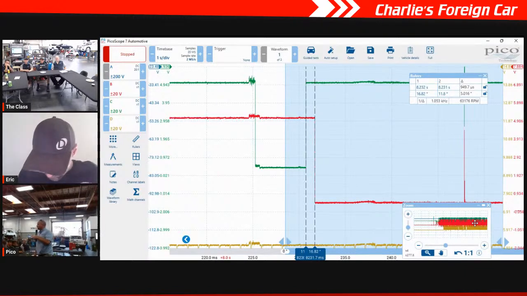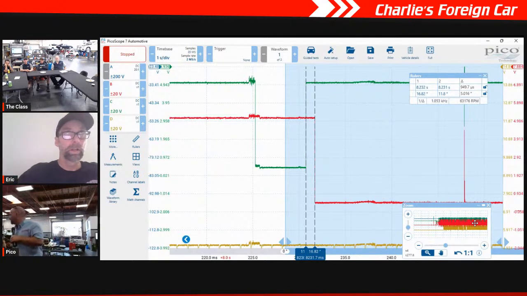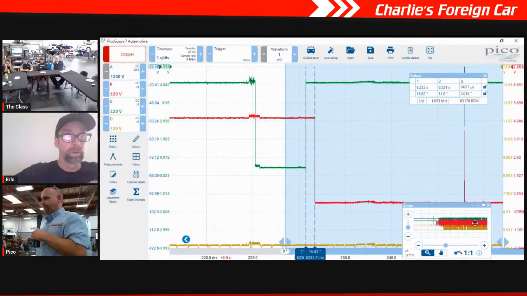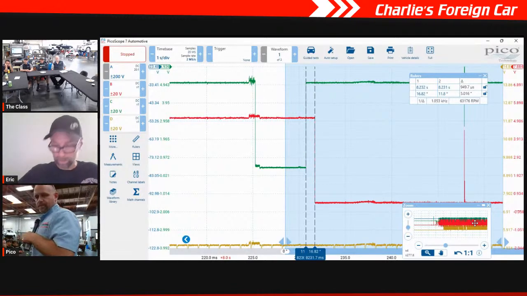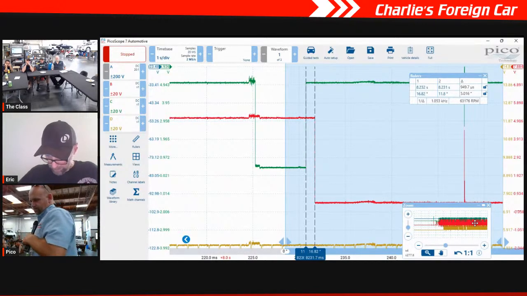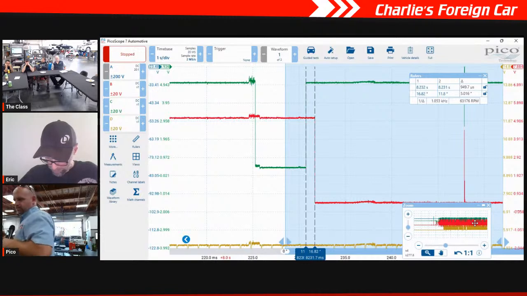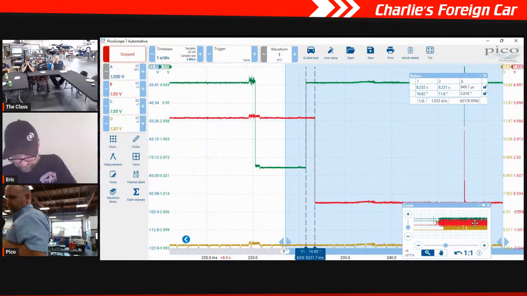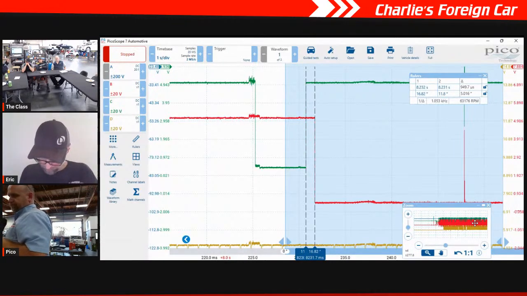So the exhaust is retarded, right? Because it's further out from 0. Intake: so the intake retards and it goes away. No, it comes closer, so it's advancing. No, advance is negative.